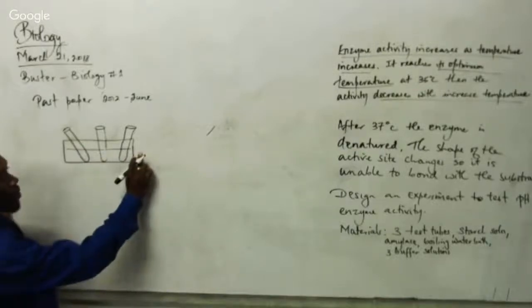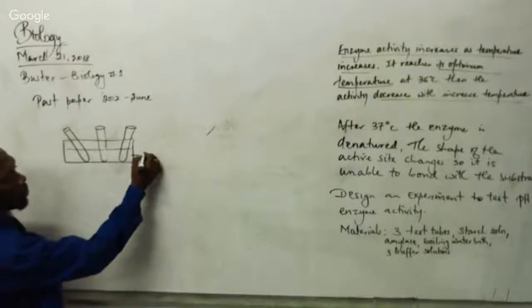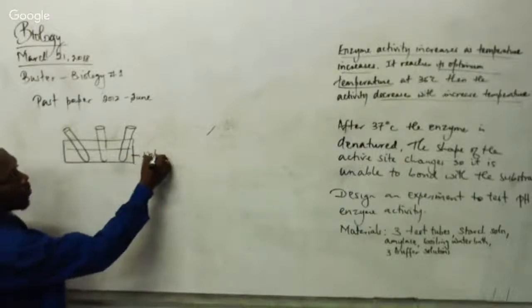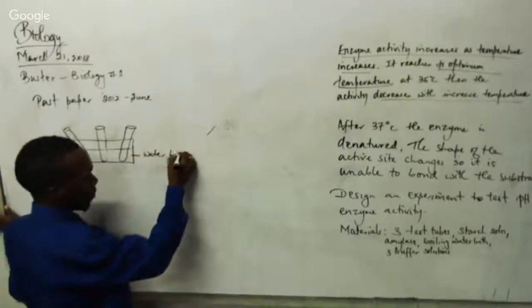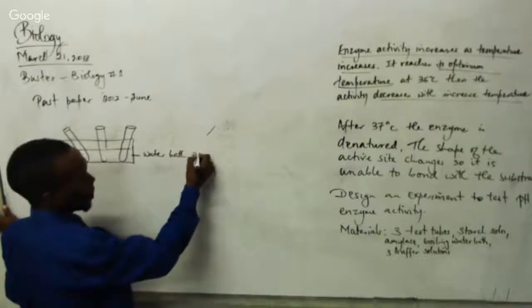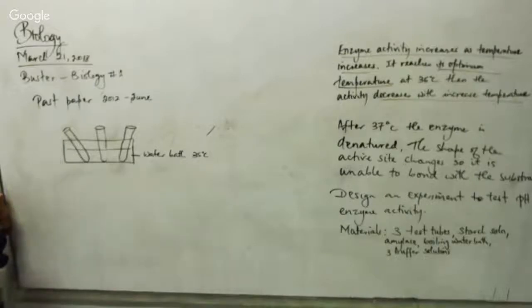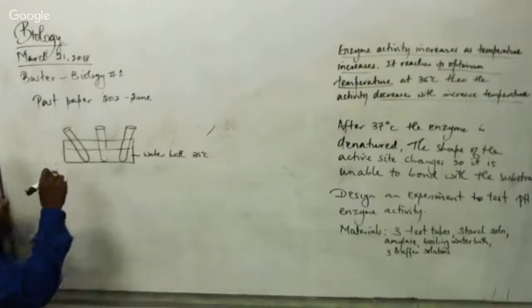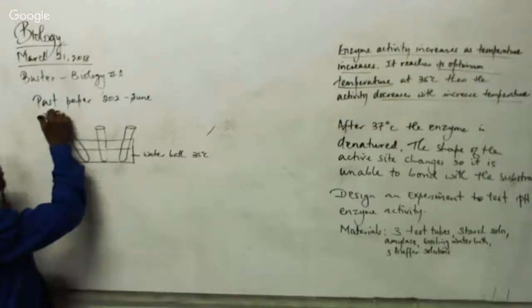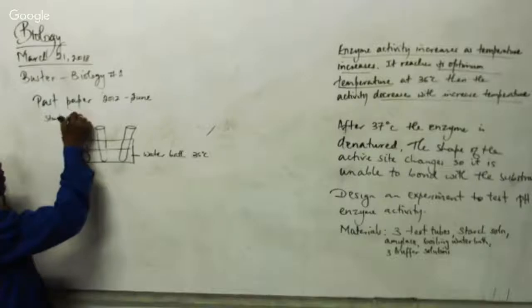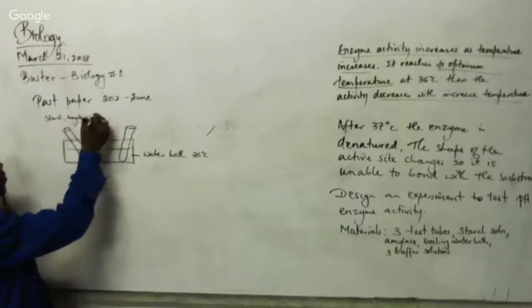The water bath is going to be 37 degrees, or 35 degrees Celsius, the optimum temperature for the enzyme. Inside your test tubes, you're going to add starch, amylase, and the solutions.